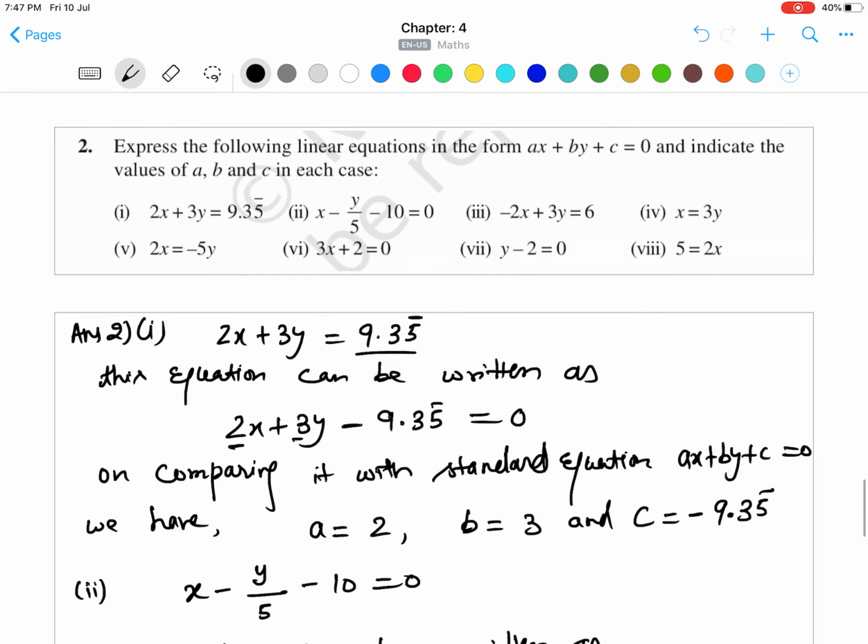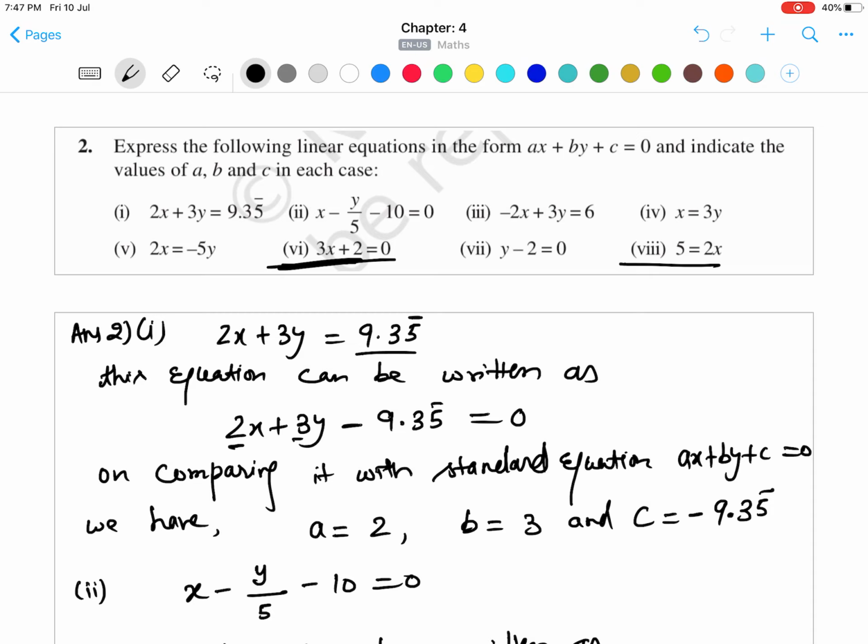So that's how we can find the values of a, b and c by representing the given equation in the standard form of a linear equation in two variables. Similarly you can complete the remaining parts. I will do two more parts, the 6th and the last, 8th.